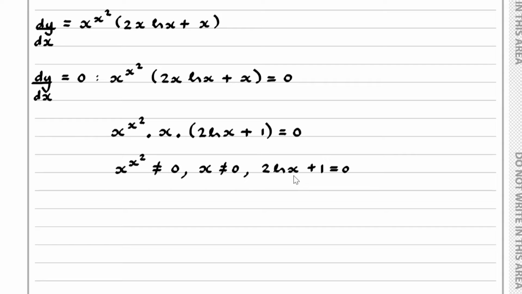So we've got 2 times the natural log of x plus 1 equaling 0, and that's because x must be greater than 0. So if we've got 2 times the natural log of x plus 1 equaling 0, that would imply the natural log of x is equal to negative 1/2, and so x is equal to e to the negative 1/2.